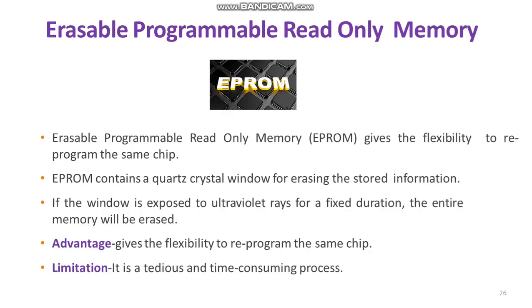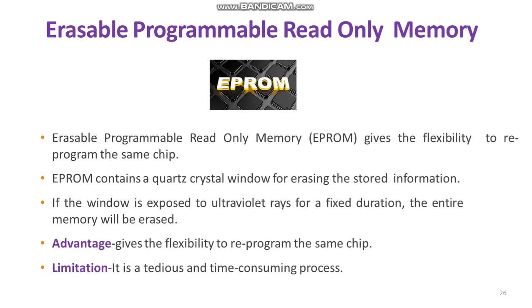Next, moving on to the third classification, erasable programmable read-only memory, EPROM. PROMs are not suitable for development purposes because during the development phase, the code is subjected to continuous change. EPROM gives the flexibility to reprogram the same chip.